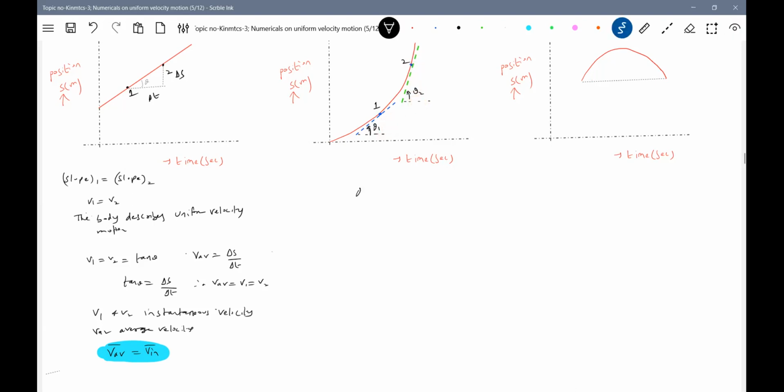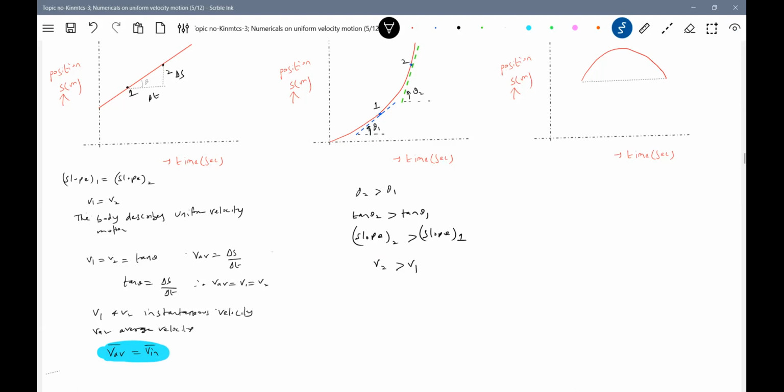Theta 2 is greater than theta 1. Then tan theta 2 will be greater than tan theta 1. What do you mean by tan theta 2? It is the slope. So the slope of the curve at 2 is greater than the slope of the curve at 1. So in an ST graph, what does the slope indicate? Nothing but the instantaneous speed.